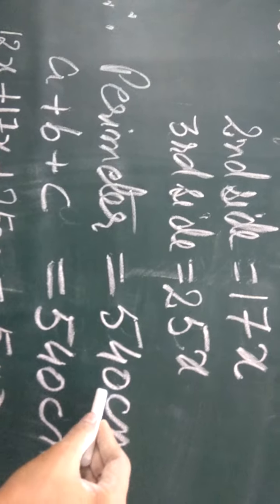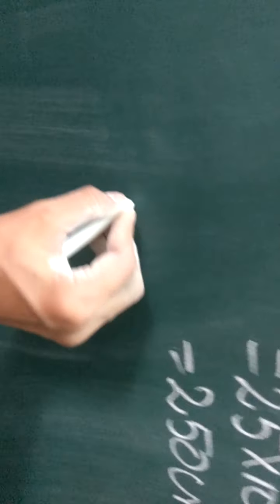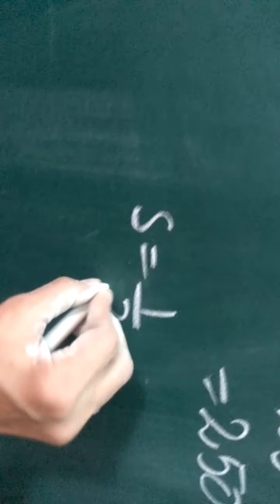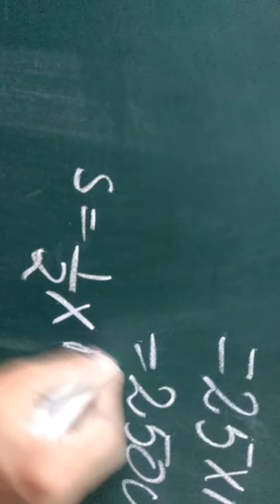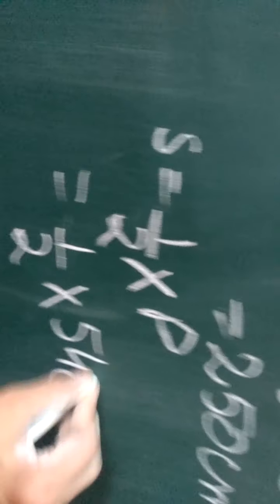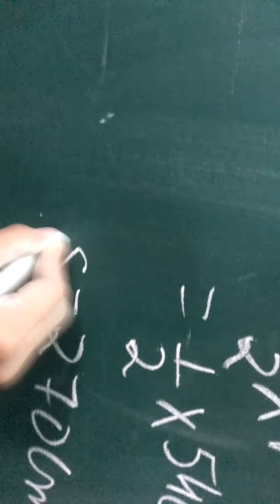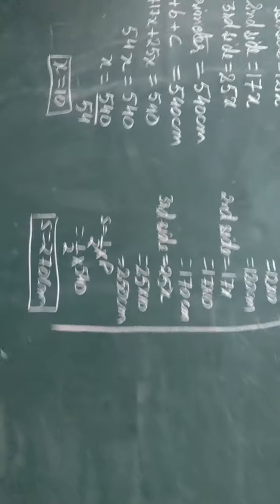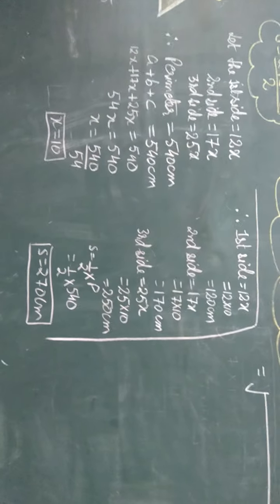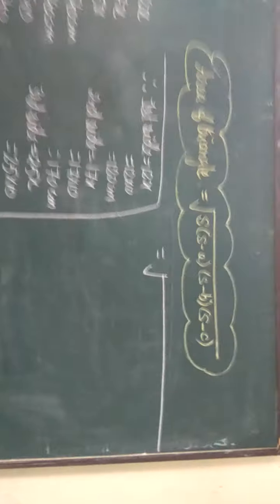Because the perimeter is 540, what will be its semi-perimeter? Semi-perimeter will be half of perimeter. So half of 540 is 270 centimeter, the semi-perimeter. So in this way you will get first side, second side, third side and semi-perimeter. So let us put them in the formula of the area.